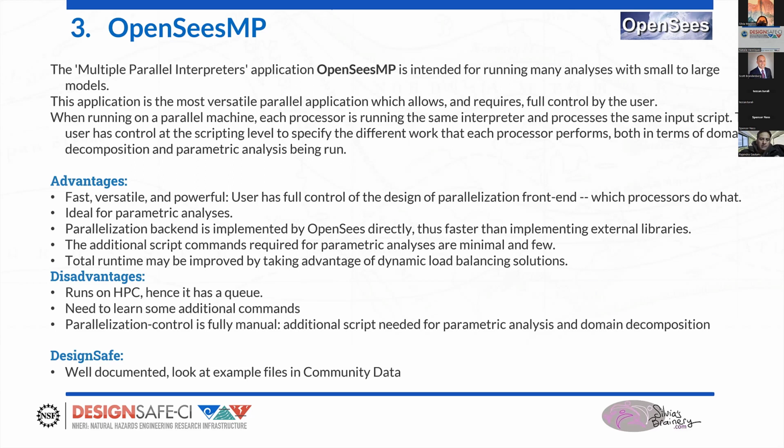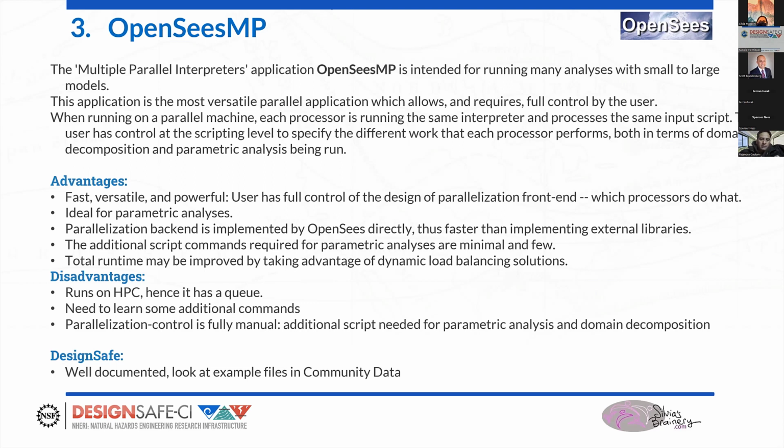It runs on the HPC, so that makes it faster, but it also means there's a queue that you have to wait for. The disadvantage is really its advantage, that everything is fully manual in the parallelization.